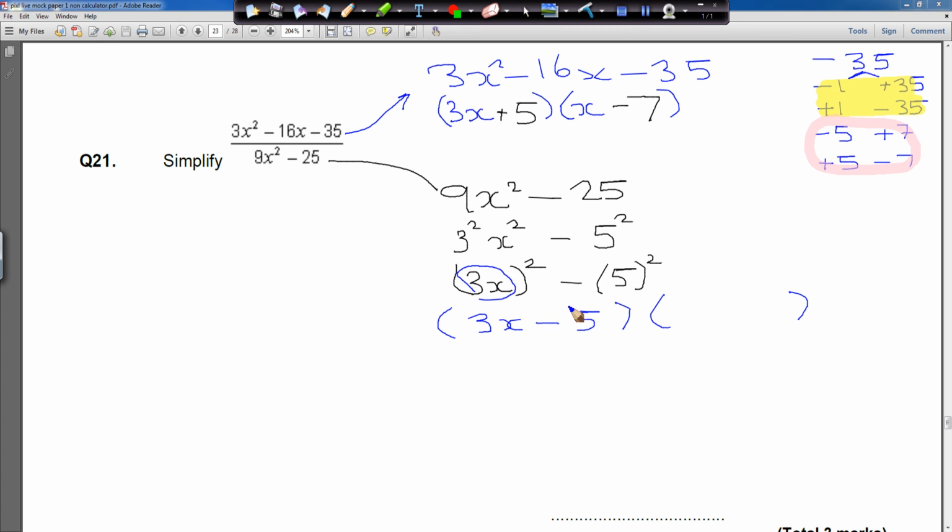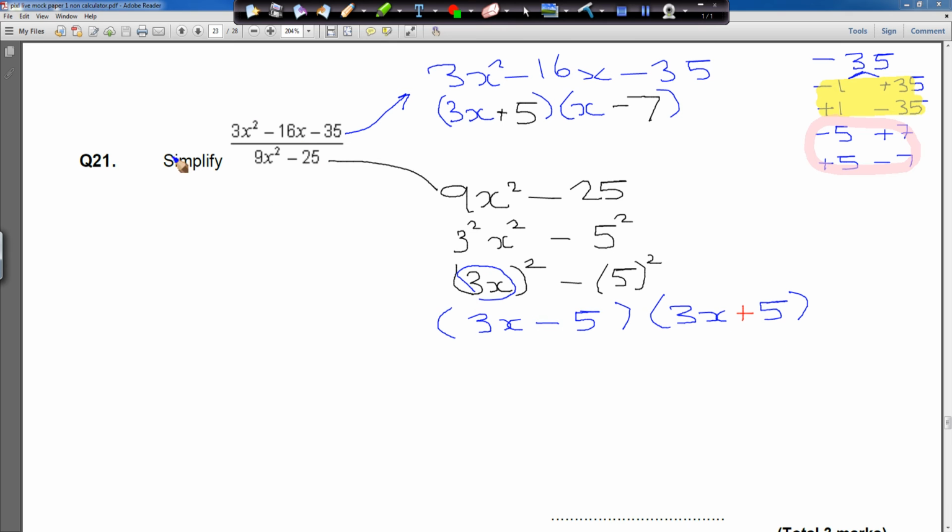We now repeat this bracket on the other side with one difference. The minus now becomes a plus. This technique is called the difference of two squares. Difference means minus, the first is a square number, which is 3x squared, and 25 is 5 squared. This is how we factorize these types of questions.